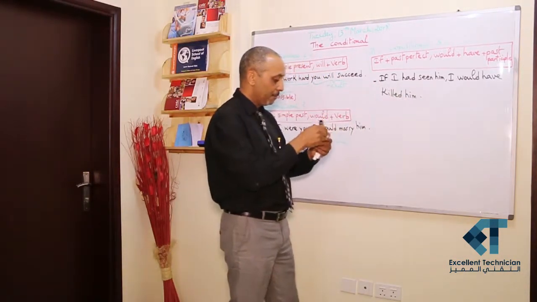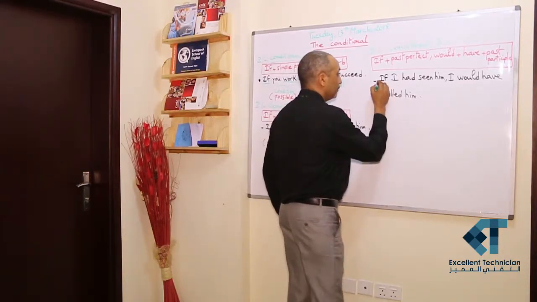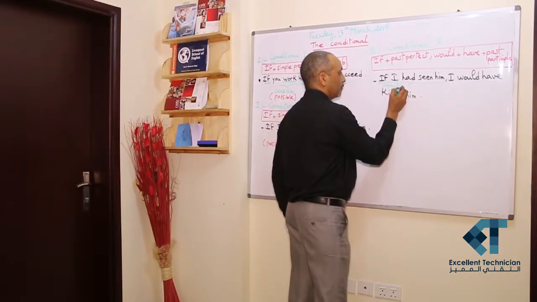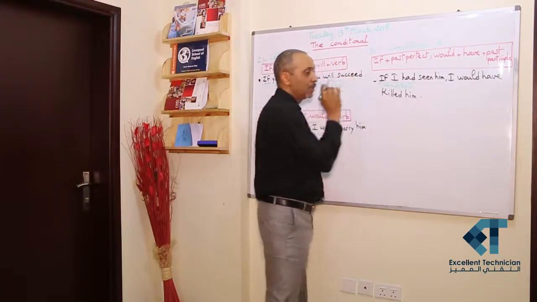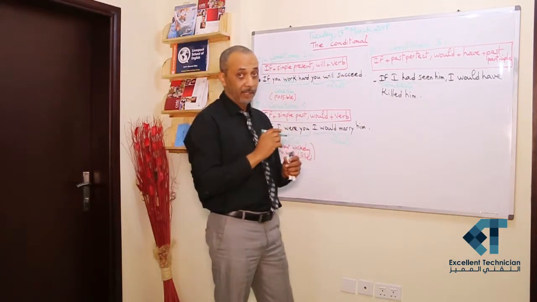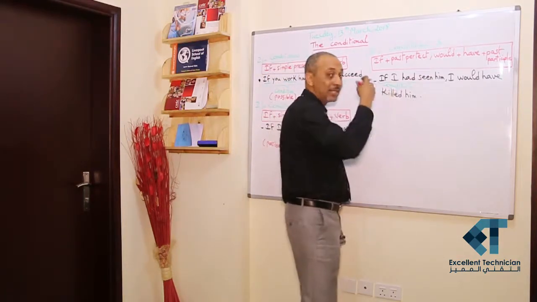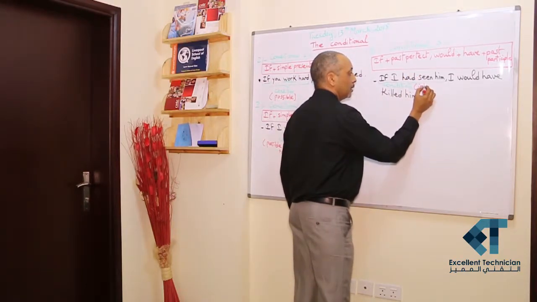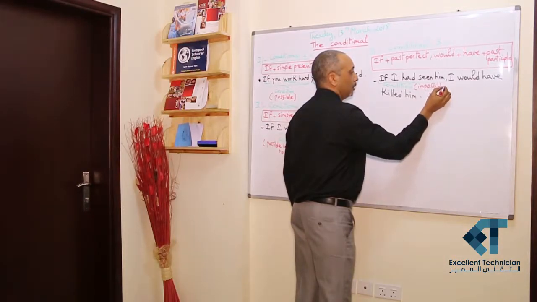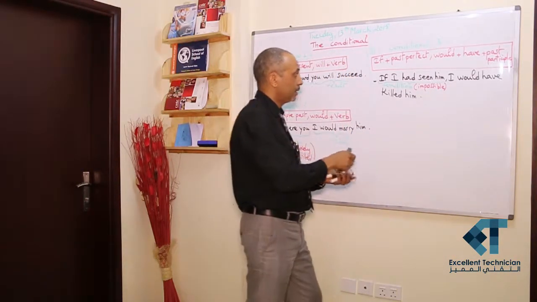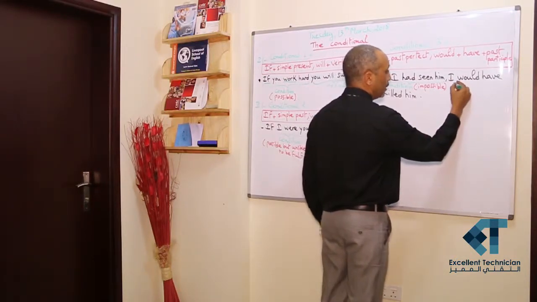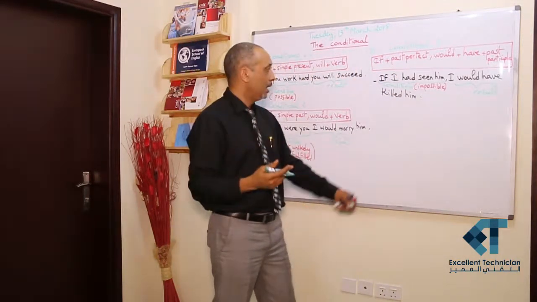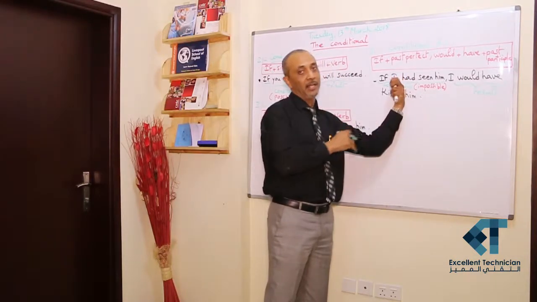So, if I had seen him, this is the condition. And this condition is impossible to be fulfilled because he's gone. He's not there anymore. I can never see him. The second part, I would have killed him, is the result. That means what would happen if this condition was provided.